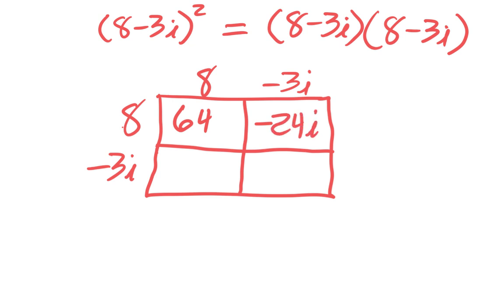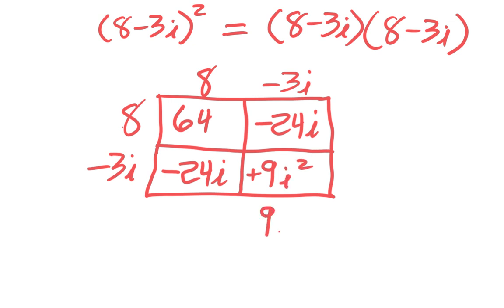Negative 3i times 8, that gives me another negative 24i. And negative 3i times negative 3i, the negative 3 times negative 3 gives me a positive 9i squared.